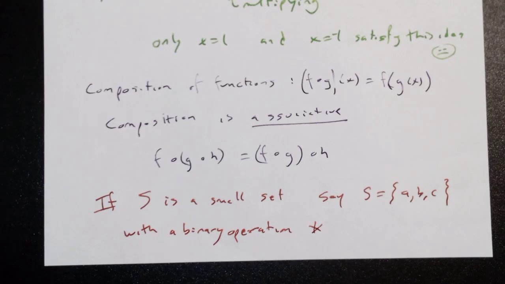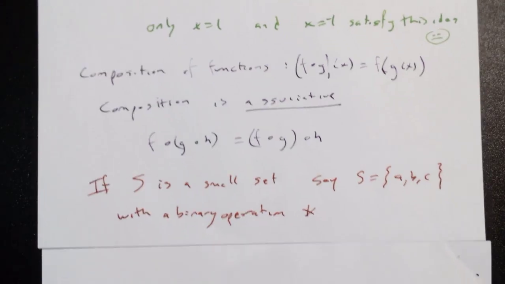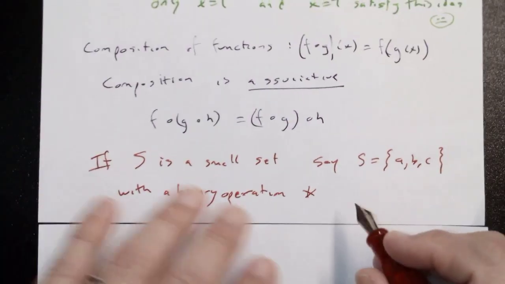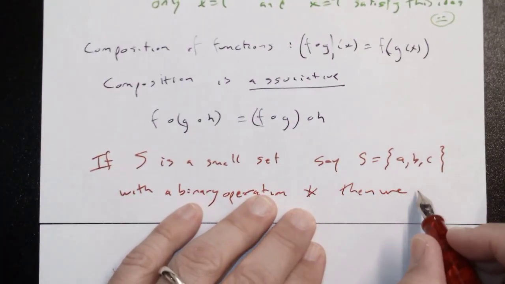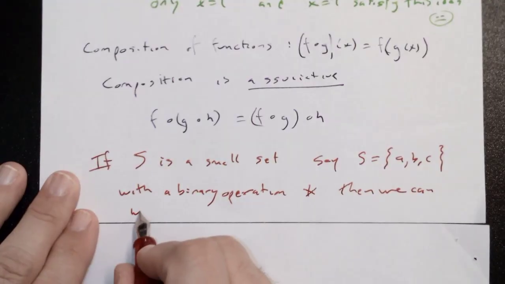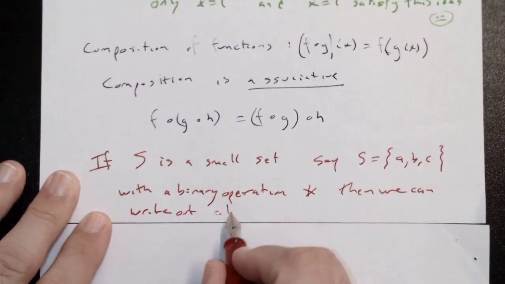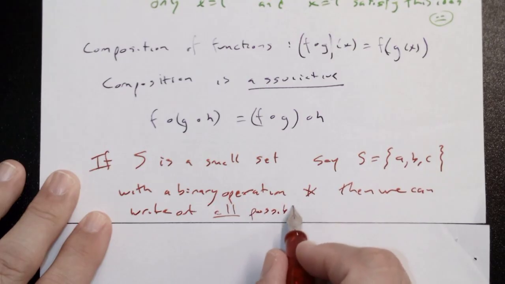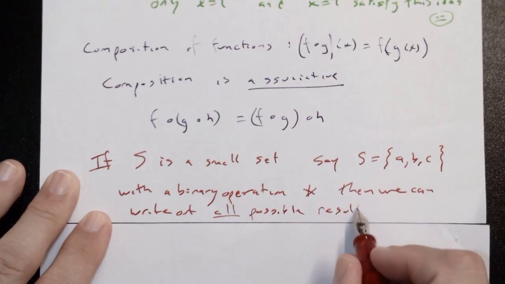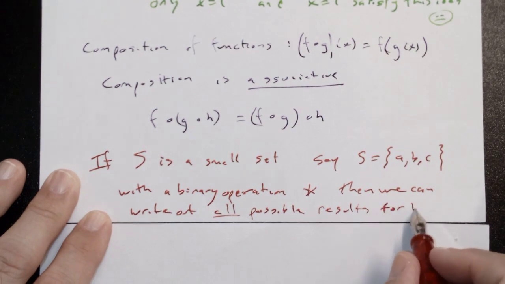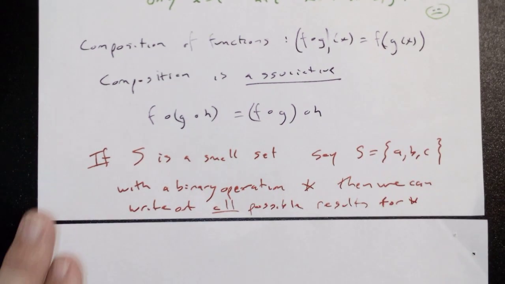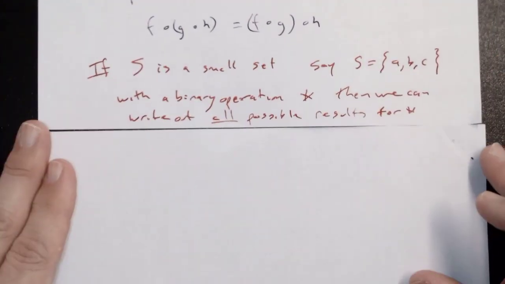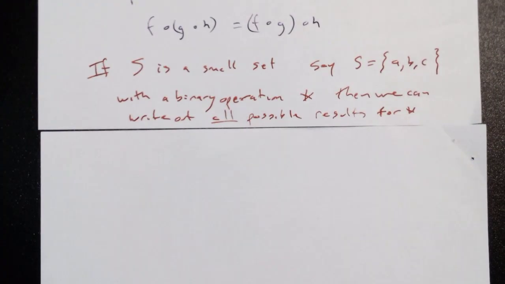Well, then it might just be easiest to write out all the possibilities. Now, how would I do writing out all the possible results for star? I'm going to make your life easy, I hope.